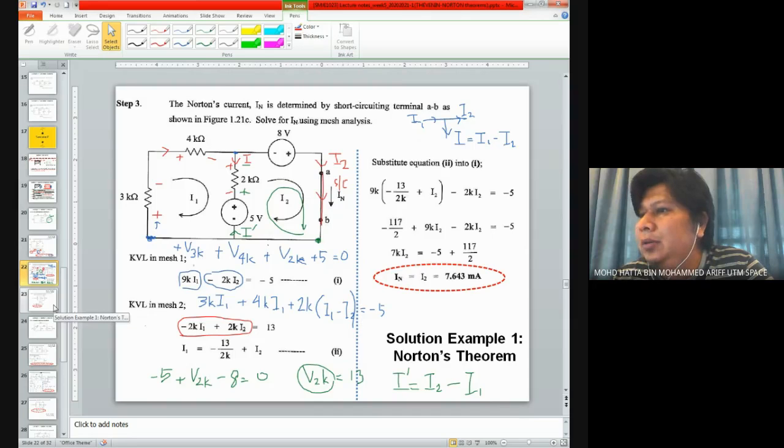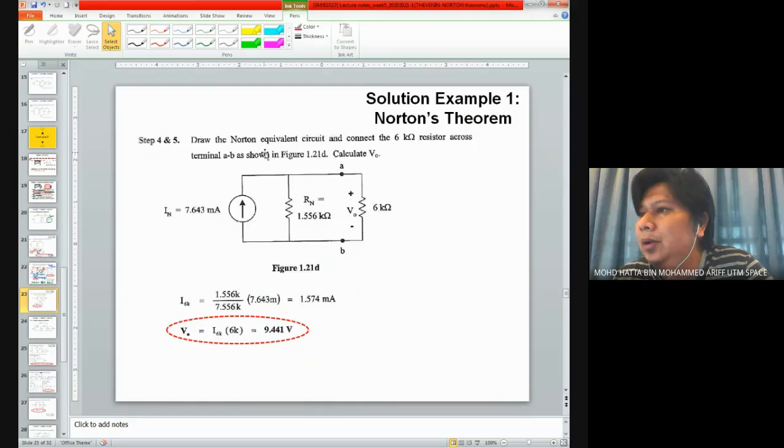All right, now once you get your IN and RN, you can set up your Norton equivalent circuit using this circuit arrangement. So this is your IN in parallel with RN. And remember that we have open terminals A and B. Put our load resistor back and try to find the current at this load resistor.